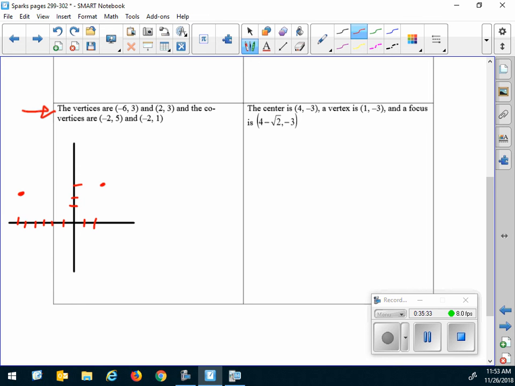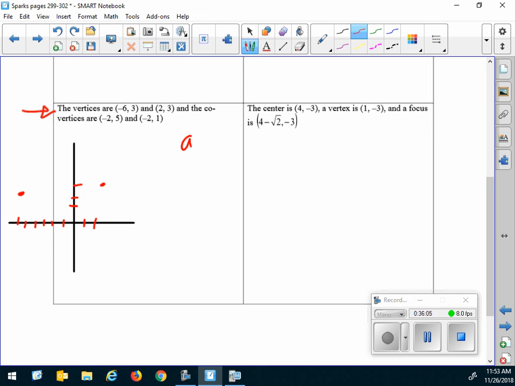What does that tell me right there? Is that A or is that B? They're vertices. The major axis is the distance between the vertices. So how long is the major axis? Major, whole thing. Major axis is 8, so A is 4.